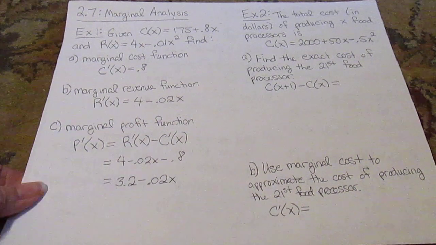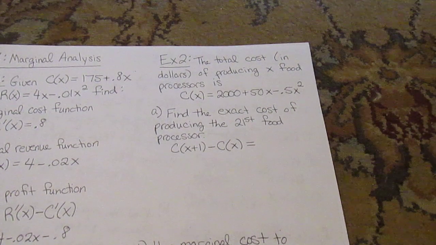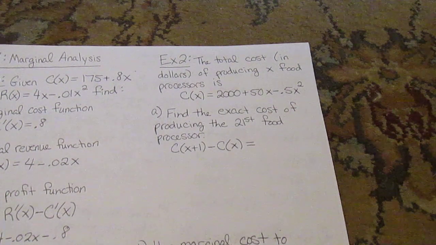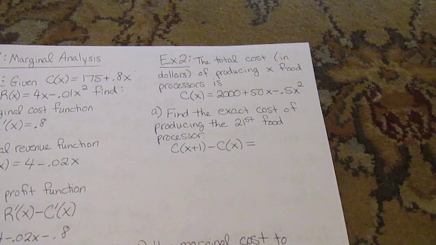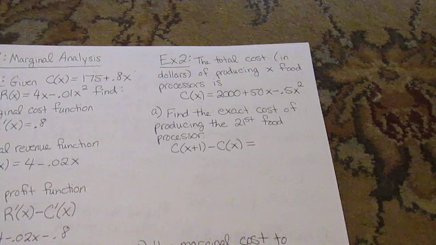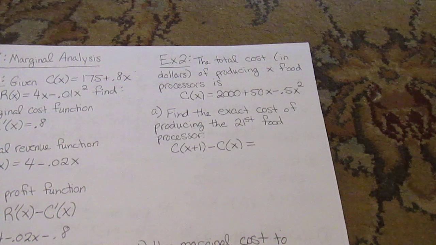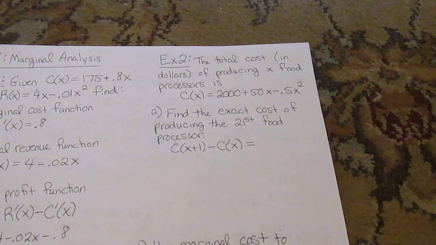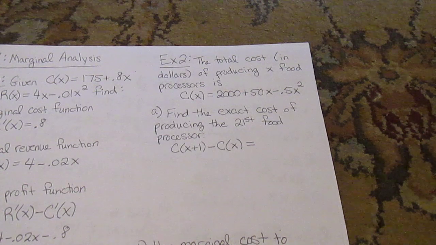Okay, example 2. The total cost in dollars of producing x food processors is C of x equals 2,000 plus 50x minus 0.5x squared. Find the exact cost of producing the 21st food processor.